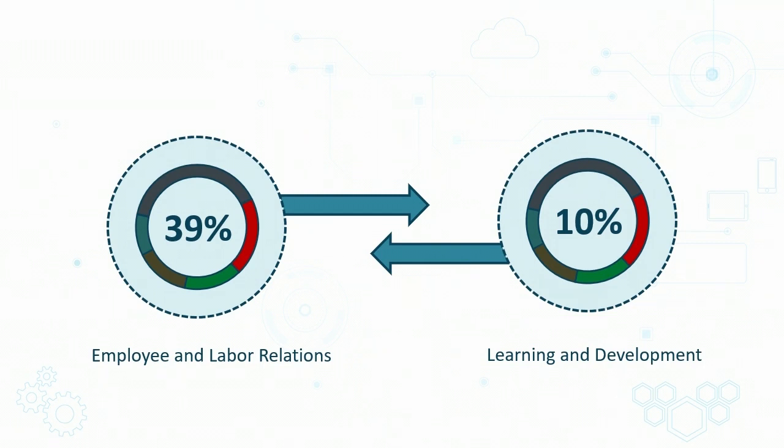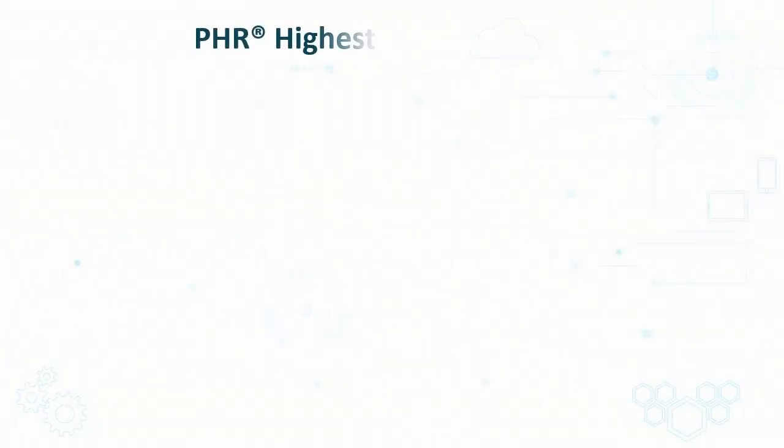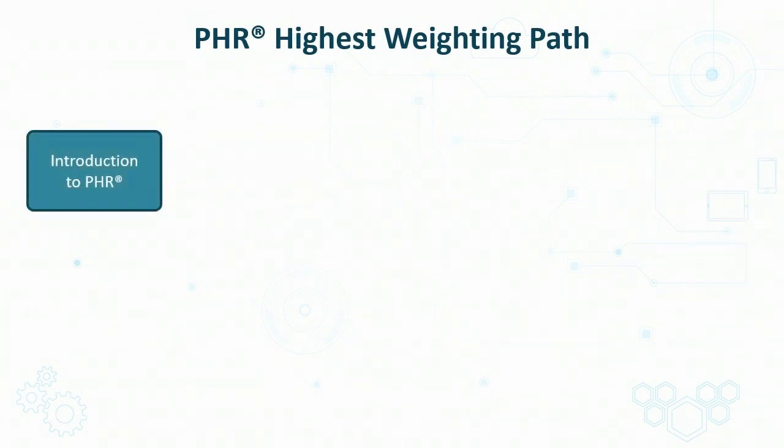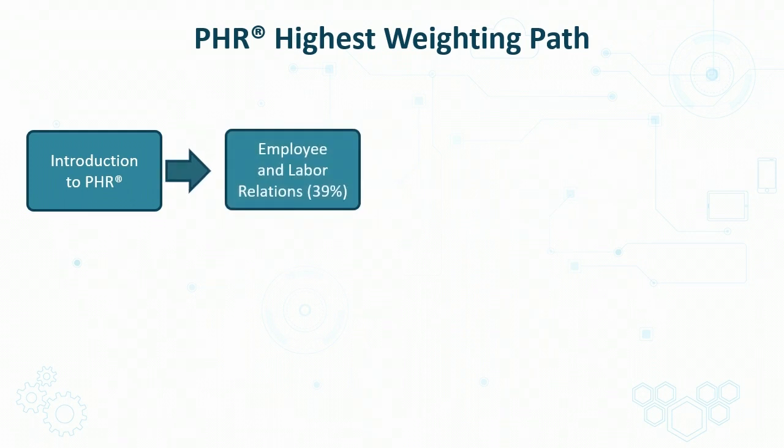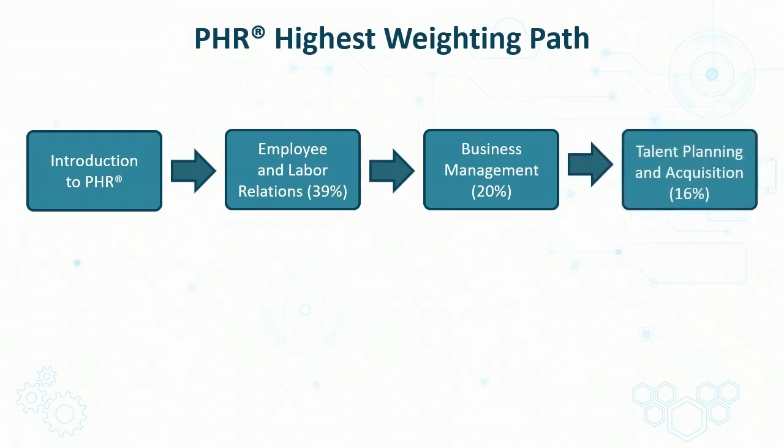Let's take a look at these two paths. For the highest weighted path, we start from the top of the screen and move to the right with the introduction to the PHR, then employee and labor relations at 39%, followed by business management at 20%, and then we round out the top with talent planning and acquisition at 16%.